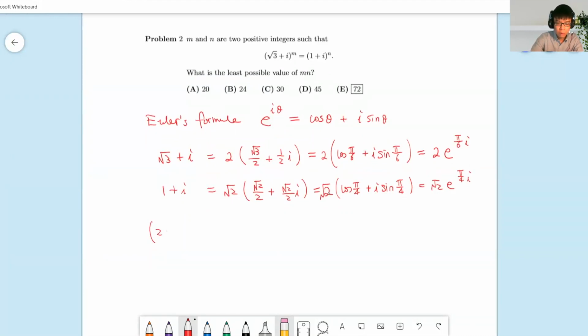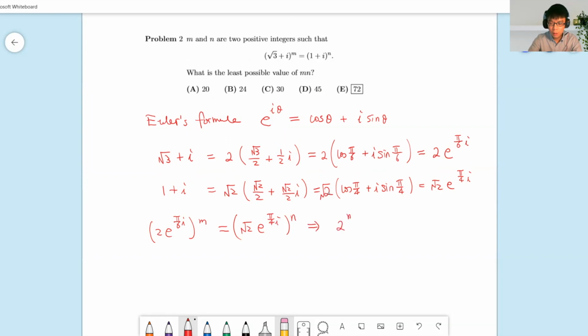So we have (2 exponential pi over 6 i) to the m's power equals (root 2 exponential pi over 4 i) to the n's power. Now let's do the modulus part and the exponential part.